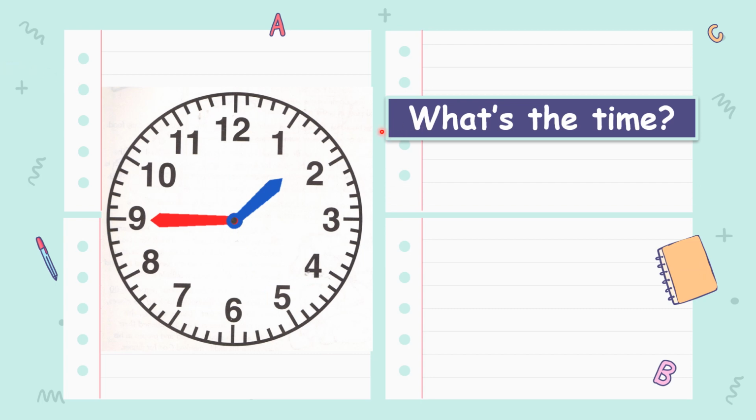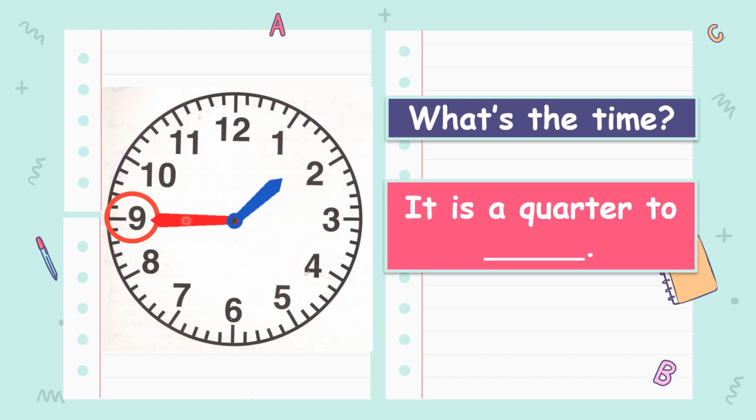Now let's practice. What's the time? If you see the minute hand, the long needle, it shows 9. And when you see the minute hand shows 9, you should use the word, it's a quarter to. Very good. So let's look at the hour hand, short needle.